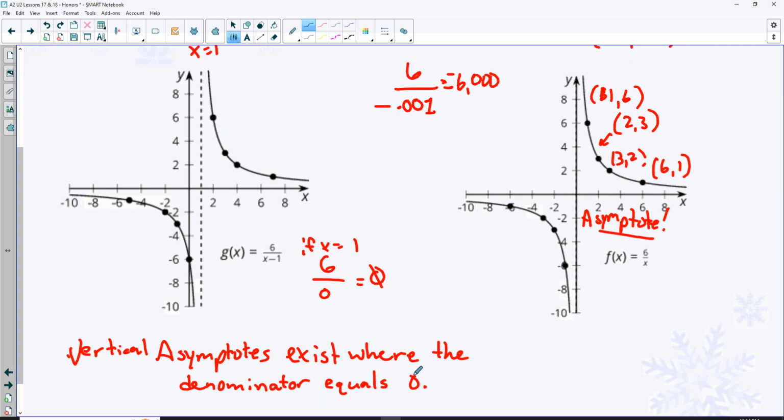So whatever value of x you can plug in that causes a denominator in the expression to be 0, that will cause an asymptote and will have this sort of behavior.